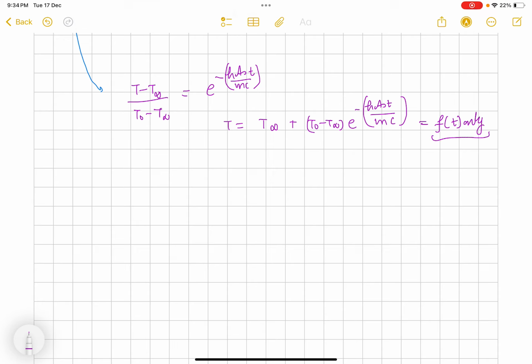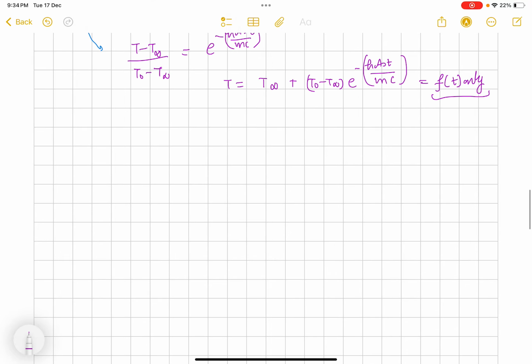That's why lumped body, right, means temperature is not varying with respect to location. All right. And we have also seen how temperature exponentially varies with respect to time for both cooling and heating cases.